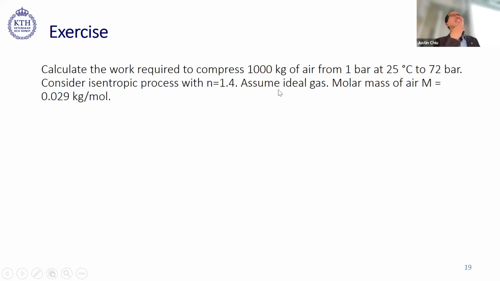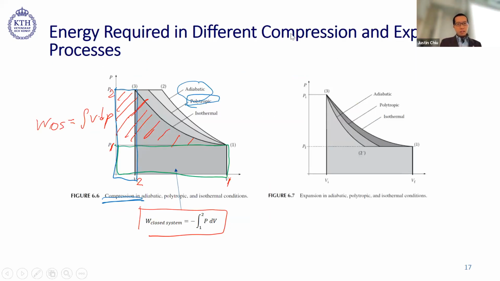Sorry, so you mean adiabatic requires the most amount of energy to compress? So in this specific figure, yes, we see that in the adiabatic case, because the whole storage heats up, it's taking more energy to compress hot air than to compress cold air. So if you cool it down to isothermal, the work that is required to compress it would be less.